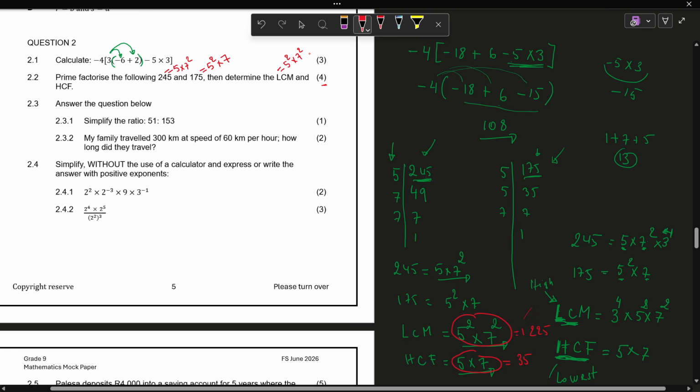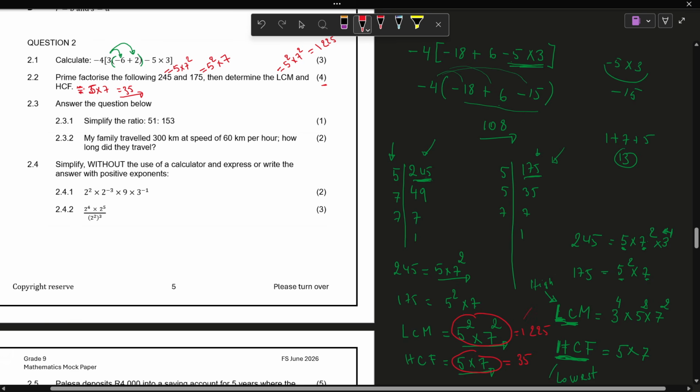If you use your calculator, it's 1225. And now you can also find the highest common factor, which we found to be 5 times 7, which is 35. So this is it.